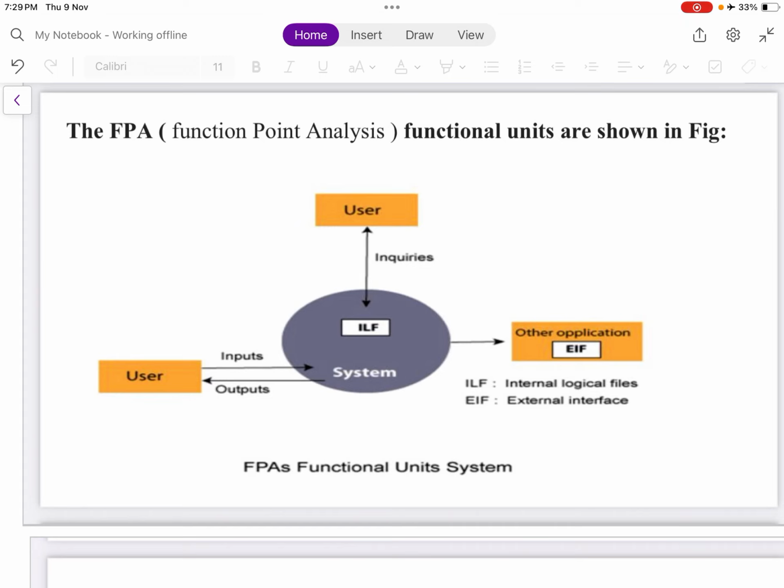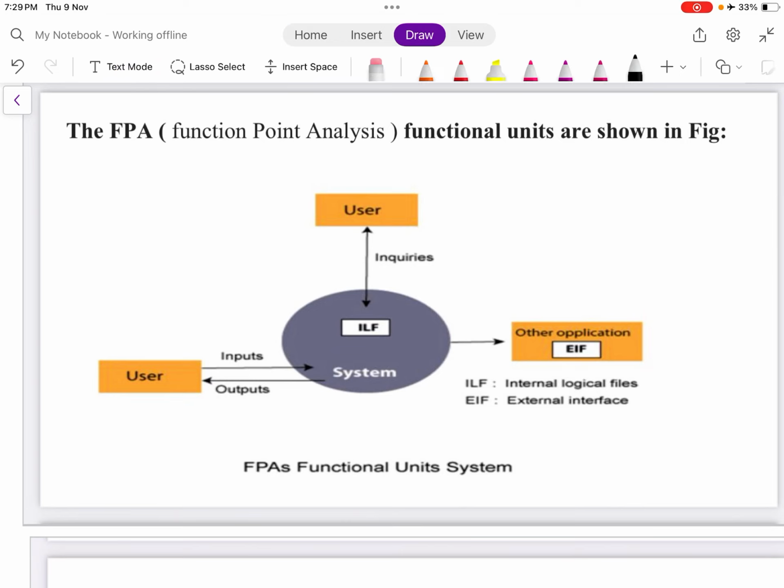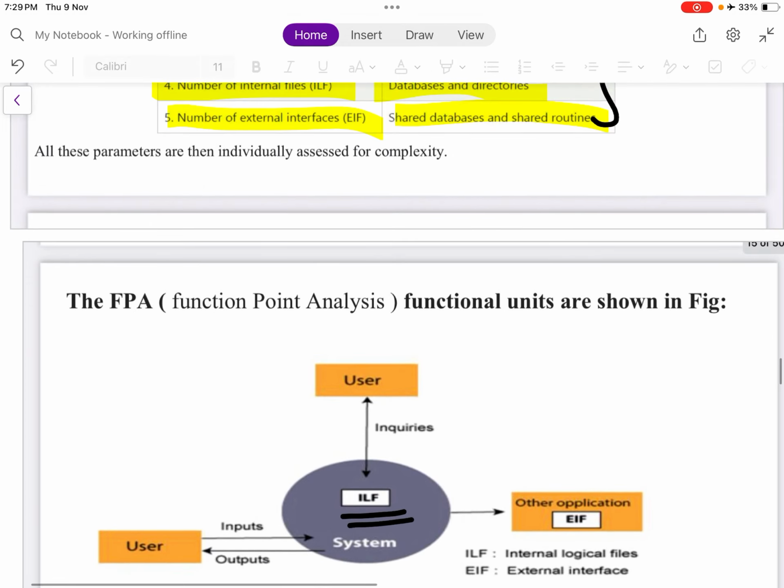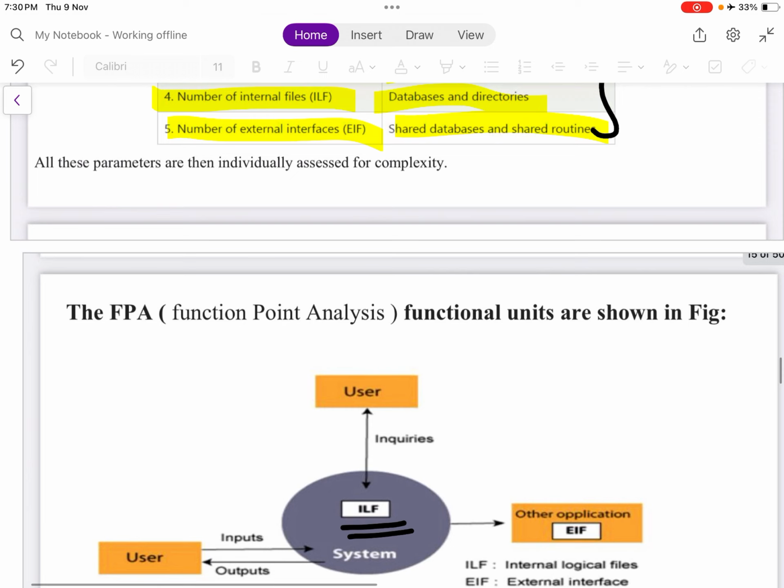In the figure, a user is giving some input to the system, and the system is giving some output to the user. This is ILF, the number of internal files.